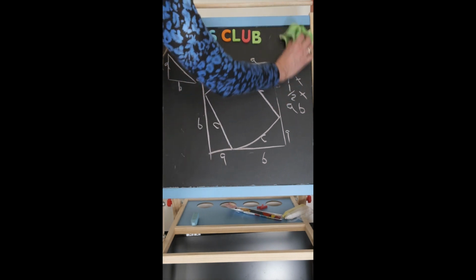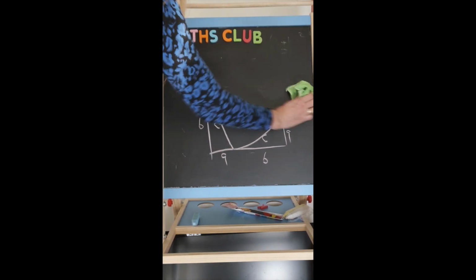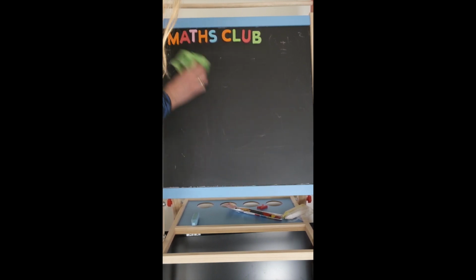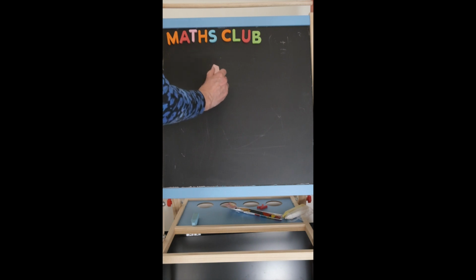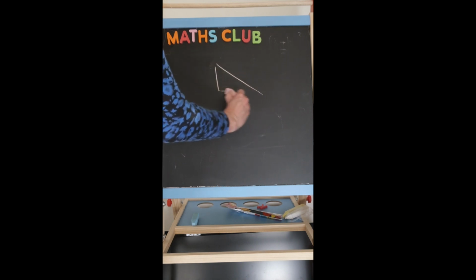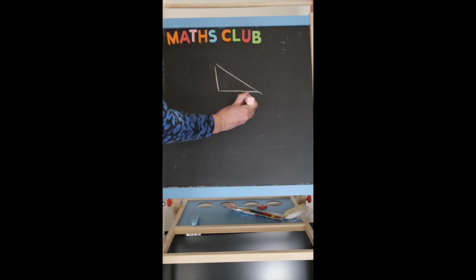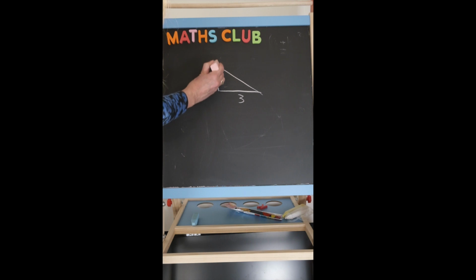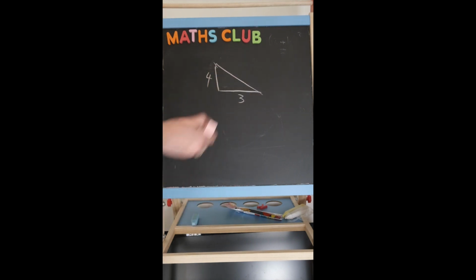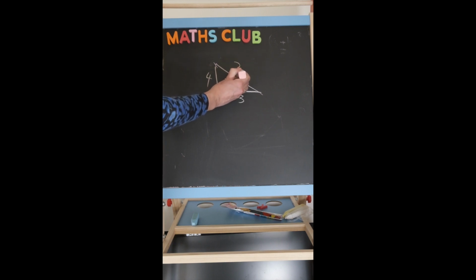And just to demonstrate a few examples, a nice triangle to prove this with is one where you have 3 as the length of one side and 4 as the length of the other side, because it's easy to do the calculations. So in this side, you've got our unknown.